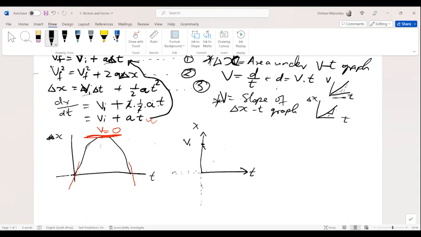And then your object will move at a constant acceleration, which is acceleration g. And then when it reaches that point there, your velocity will be zero. As you can see, your velocity will be zero.